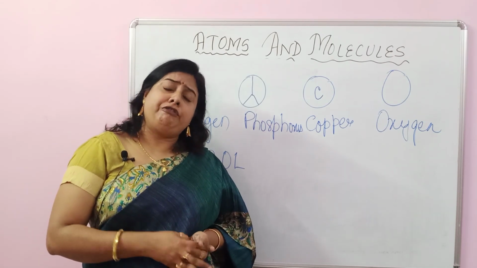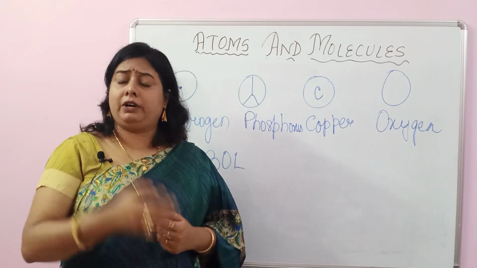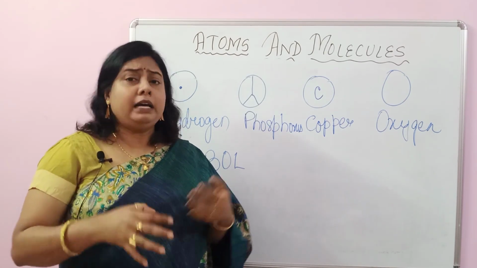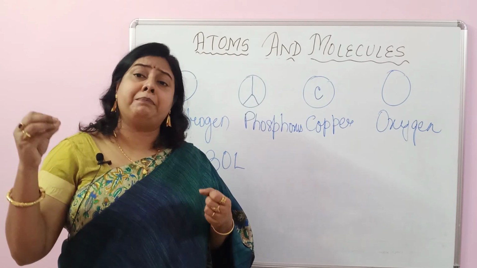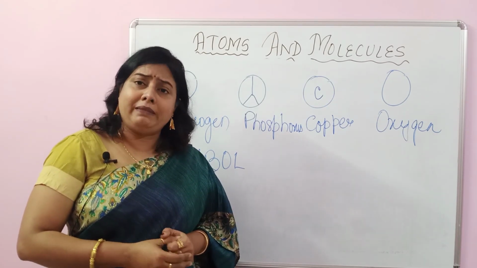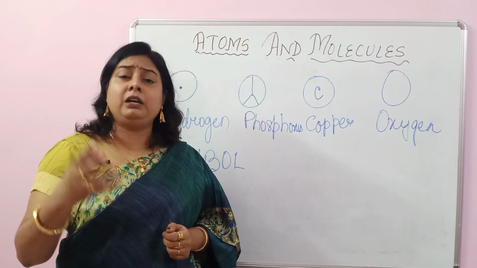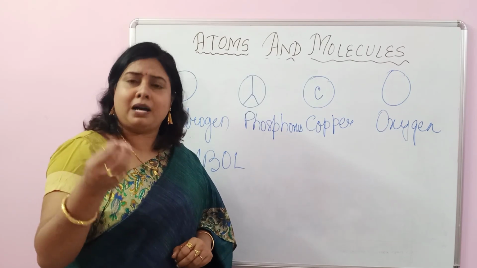Now students, for chemical reactions, in our previous lecture we saw that the elements combine in fixed proportion by mass to form compounds. So we need to know the mass.